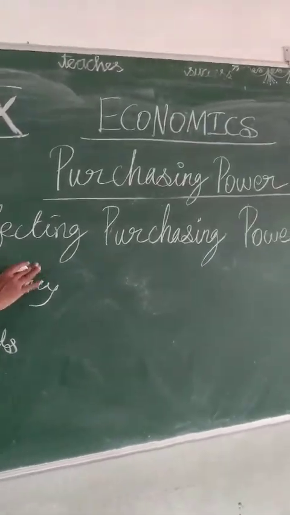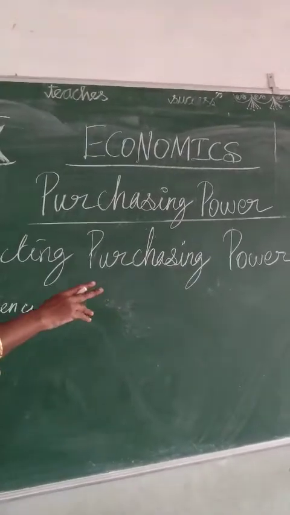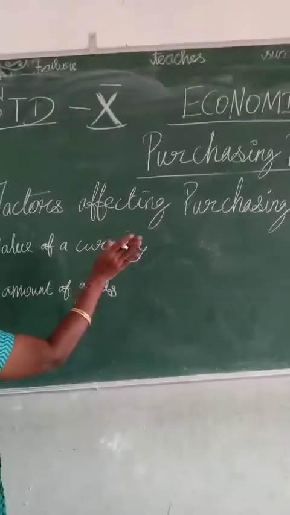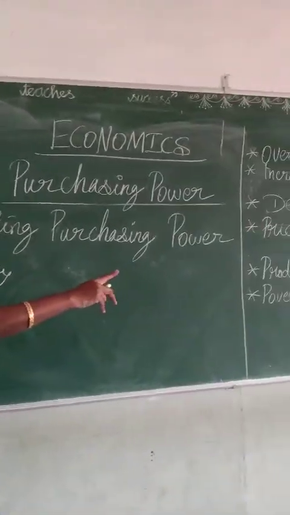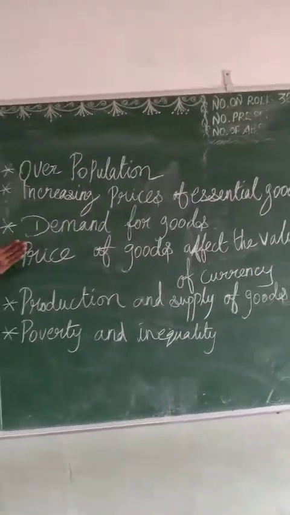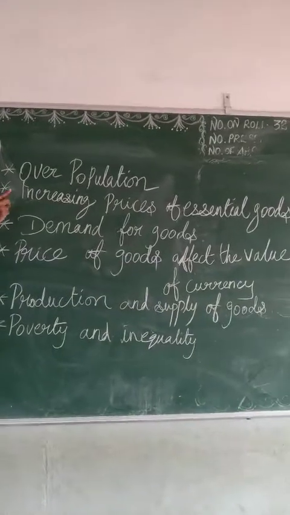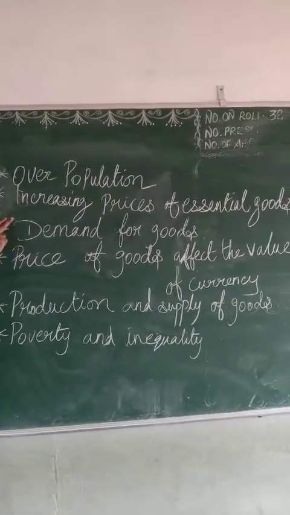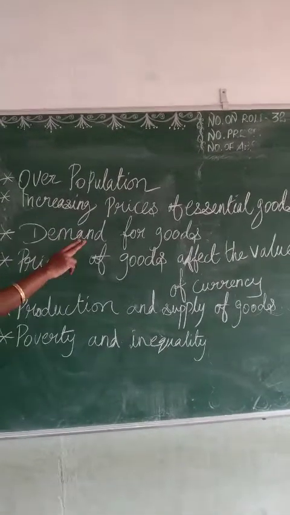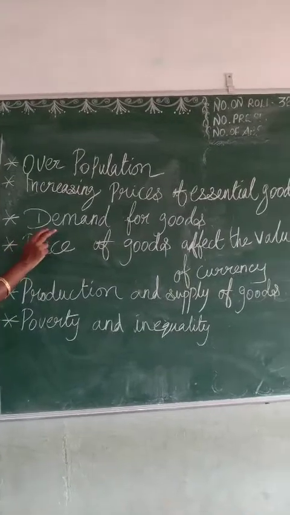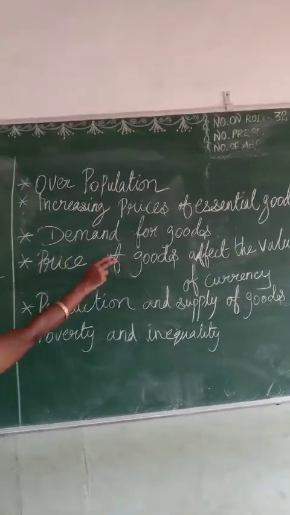Factors affecting purchasing power. Students, first you understand purchasing power. Look at the important points here. What are the factors affecting purchasing power? First one, overpopulation. Second one, increasing prices of essential goods. Next one, demand for goods.